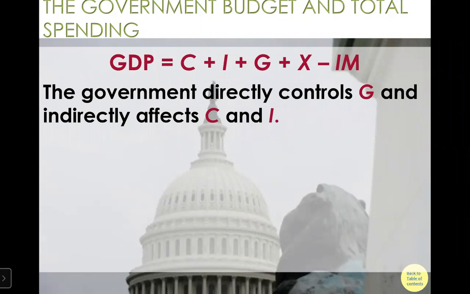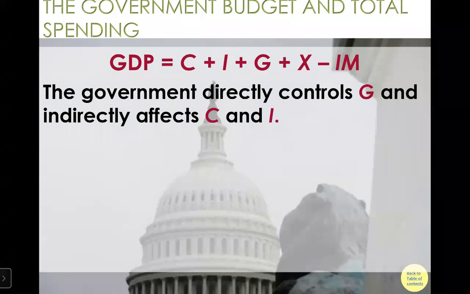The reason why we may want government intervention, and the reason why we may want to study fiscal policy, largely start from this equation. This equation tells us the government has the ability to directly or indirectly affect our aggregate demand.